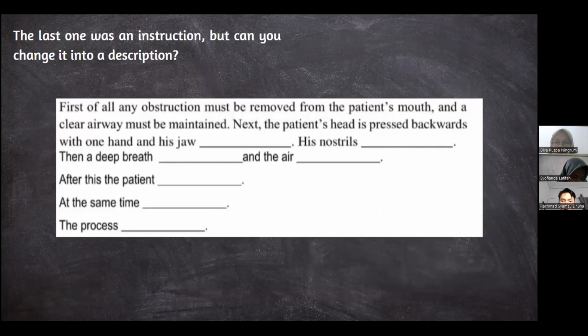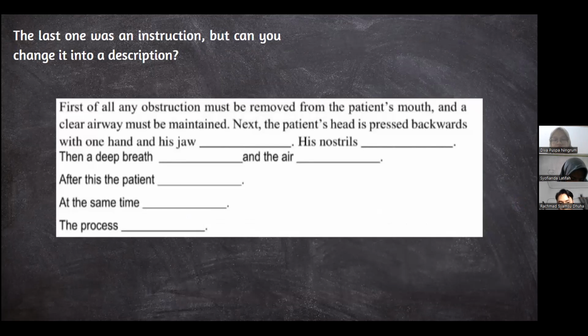So that was an instruction. How about this one? What do you guys think? Is this an instruction or is this a description? From the look of it, this is a description. For example, first of all, any obstruction must be removed from the patient's mouth and a clear airway must be maintained. Next, the patient's head is pressed backwards.